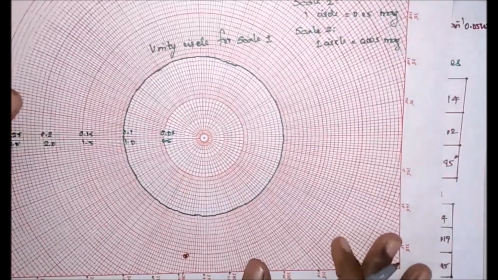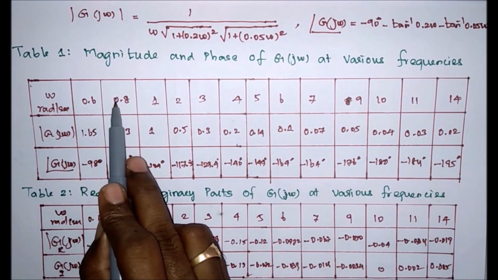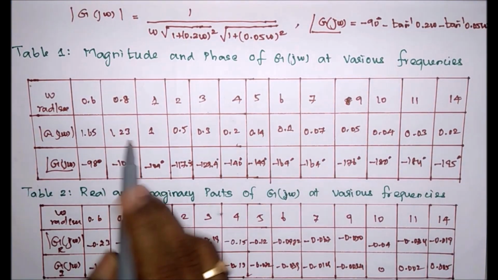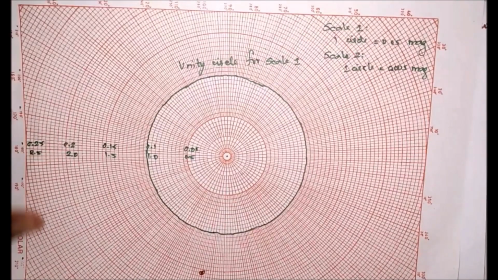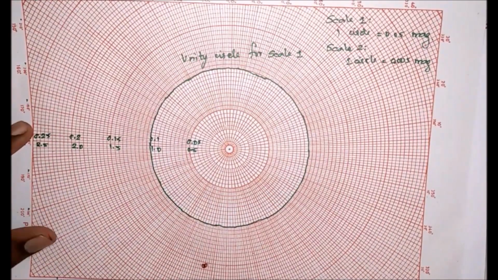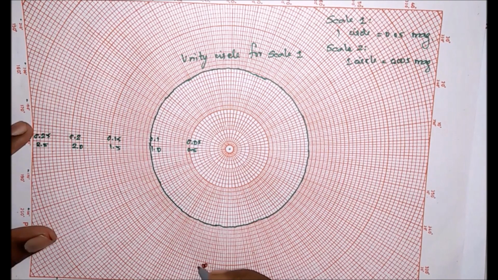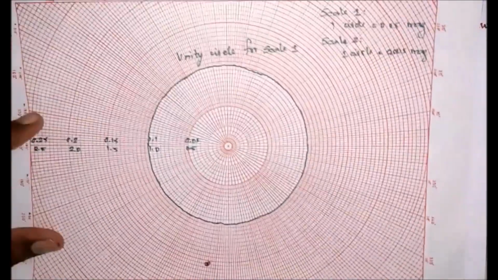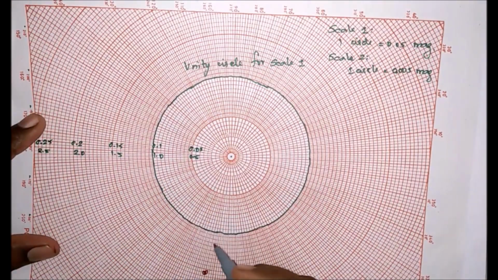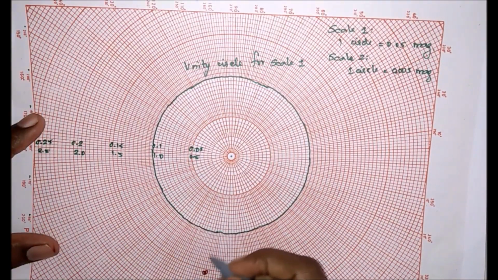Next, for the second, omega equal to 0.8, magnitude equal to 1.23, angle equal to -101. So we see this is 100, so this will be 101. The magnitude equal to 1.23. So this is 1, this is 1.5.